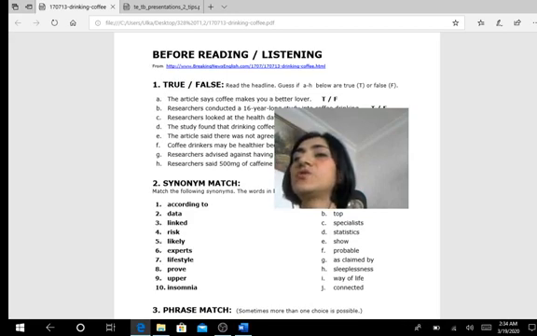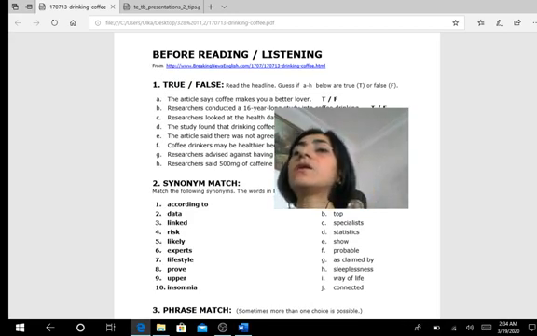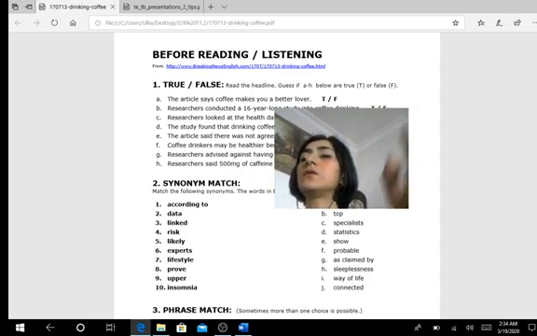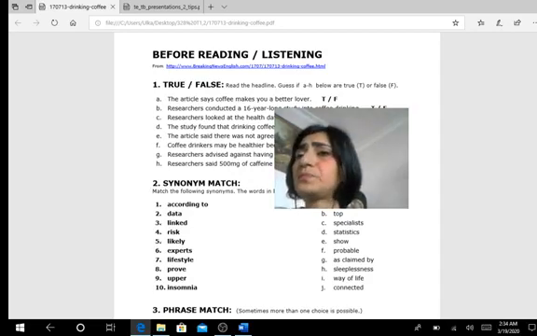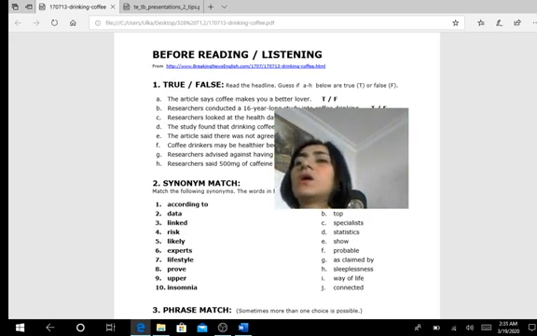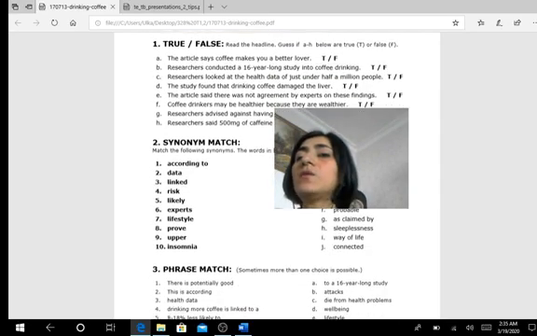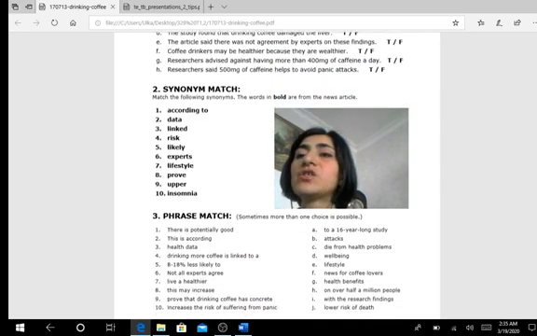You listen to the recording, find in your audios coffee, drinking coffee, and you have true or false options. So after listening, or while listening, you will circle T or F, true or false. If you think it's true, just circle true. If not, then F. The second one is synonym match.